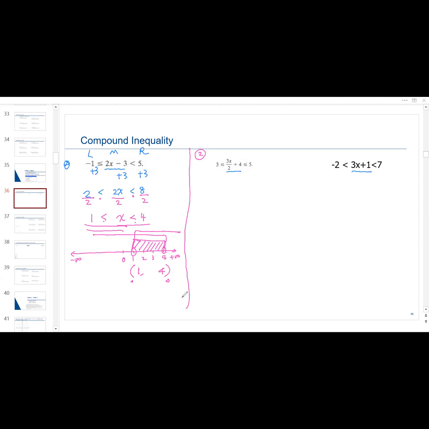All right, so we'll do the same. Left, middle, and right, right? But three sides minus 4 first. Okay, so it became -1 less than or equal to 1, right?